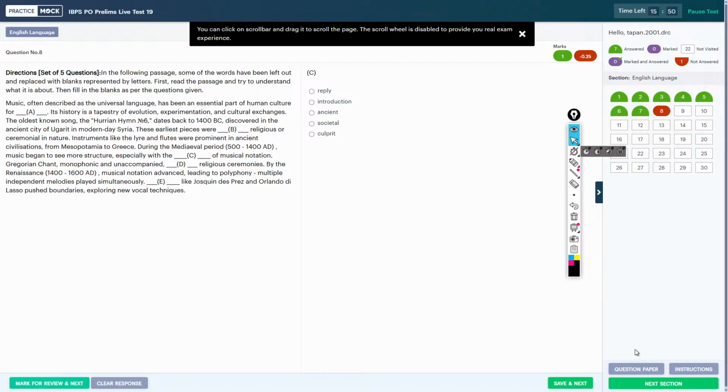Then it is saying that during the medieval period, music began to see more structure, especially with the introduction of musical notation.